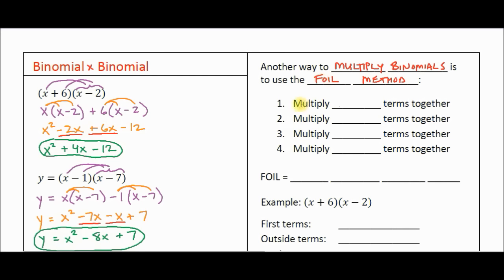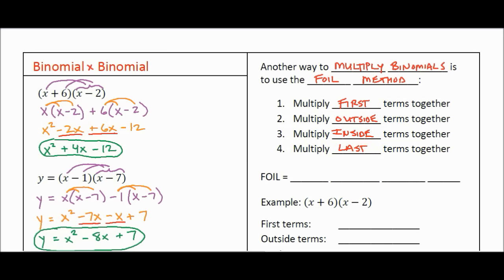So here we go. Let's fill this out. Multiply the first terms together. There's the F in FOIL. Multiply the outside terms together. There's the O in FOIL. Multiply the inside terms together. There's the I. And multiply the last terms together.